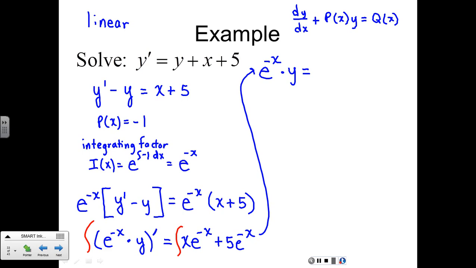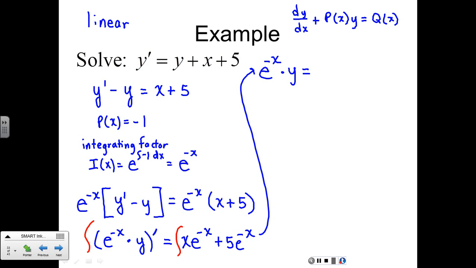Let's see. If I was going to do parts, how would I break that up? I need a u and a dv. What's the most complicated part of that problem that you can integrate? e to the negative x. I can integrate that.